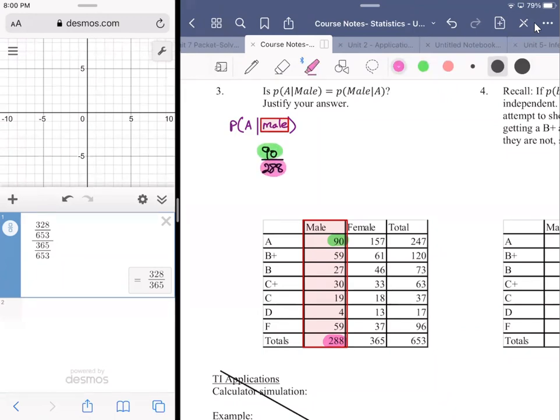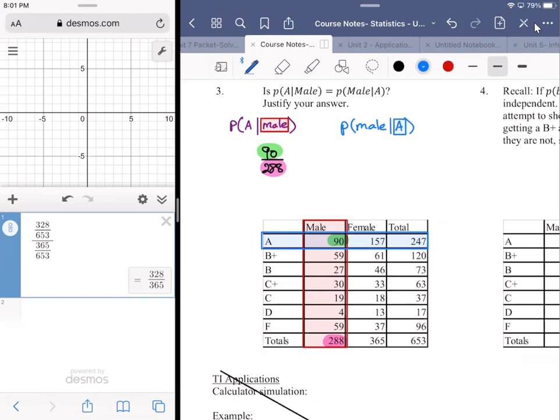Now I want to know if that's going to be the same as going the other way, which is to say that if I just focus on the individuals that got A's, that would be this group here. What would be the probability of obtaining a male? Male given A. Again, we're focusing on just the A students.